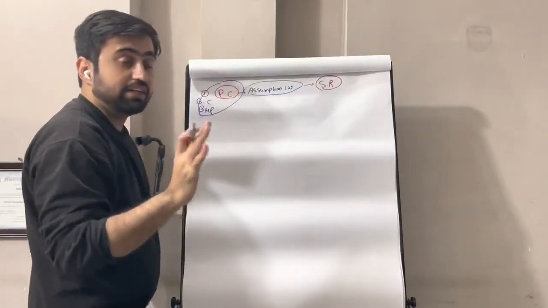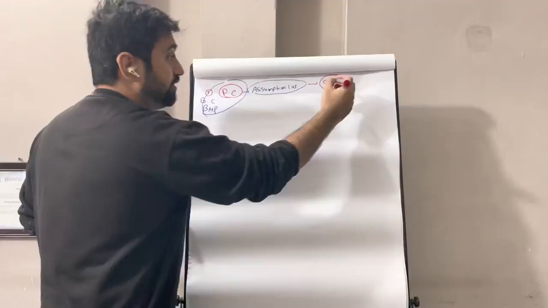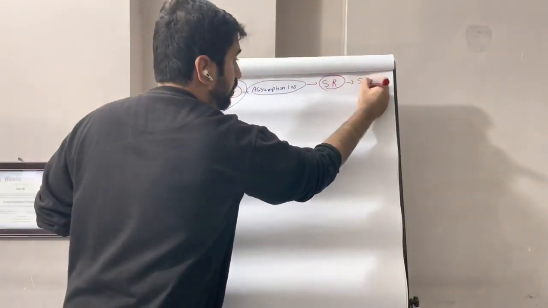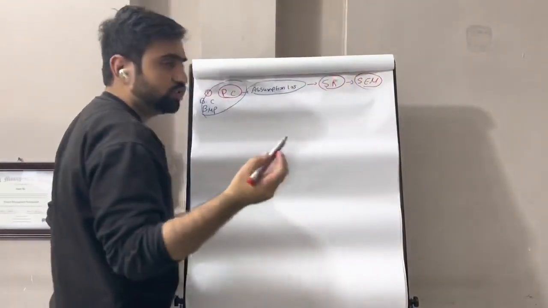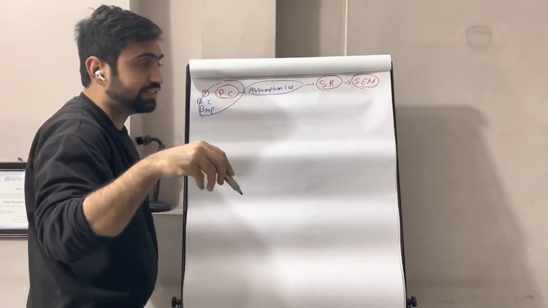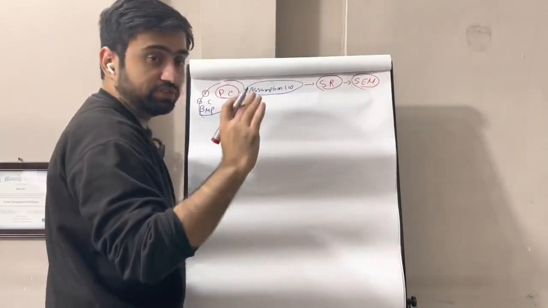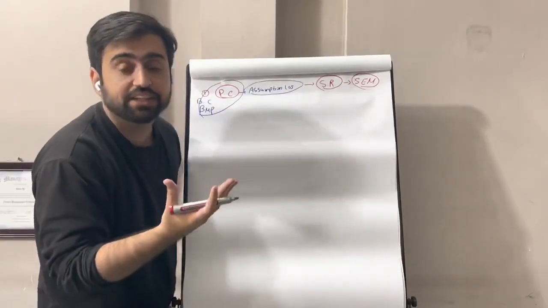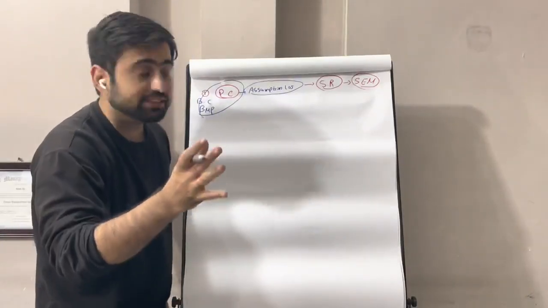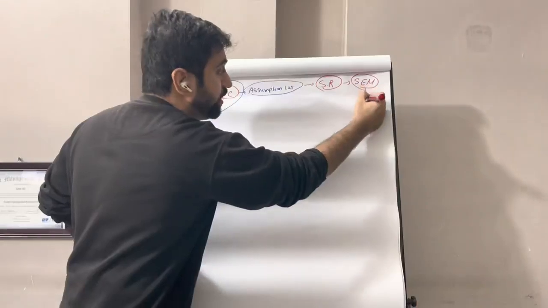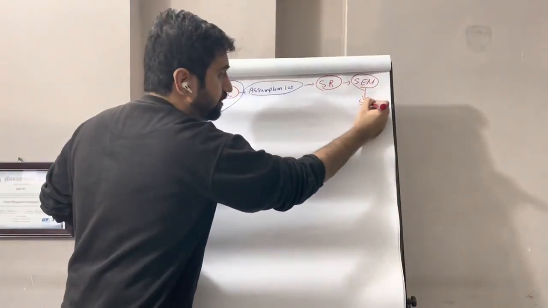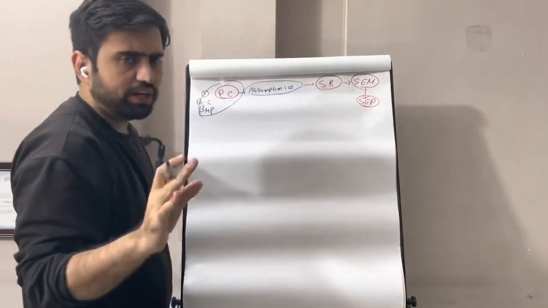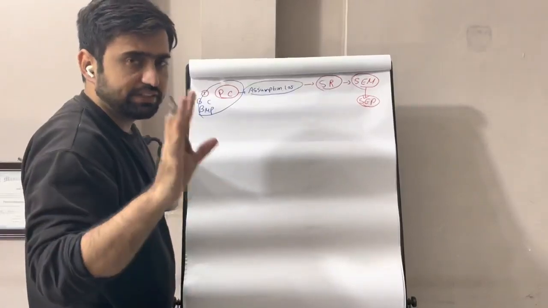Once you have done that, then you make the stakeholder engagement matrix. Once you have made the matrix, the next thing is understanding the current engagement level of stakeholders and the desired engagement level of stakeholders. The next thing is basically making a stakeholder engagement plan. So in my opinion, the stakeholder engagement plan is the first plan that you make.